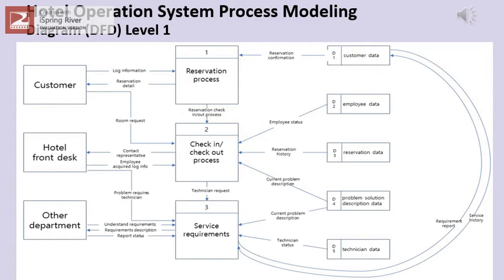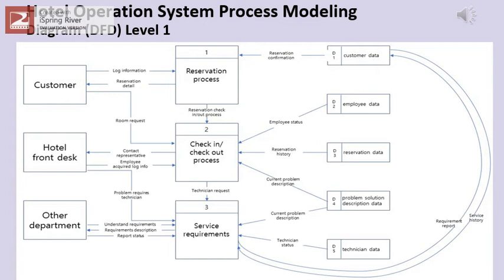The front desk is able to use the system to do the service requirements for the guest as well. Other departments may also use that assistance to help the front desk know the guest's demand and solve the problem as well.